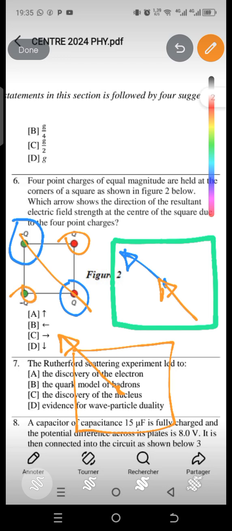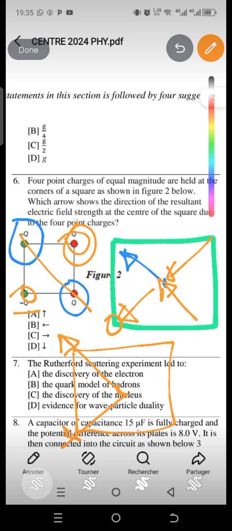Since this guy here is minus q, it's going to be pointing towards it, so it's going to be pointing down. And this guy up here is plus q, so it's going to be pointing away from it. So the resultant is going to be pointing towards minus q. So this gives us the direction of the electric field strength in the system.